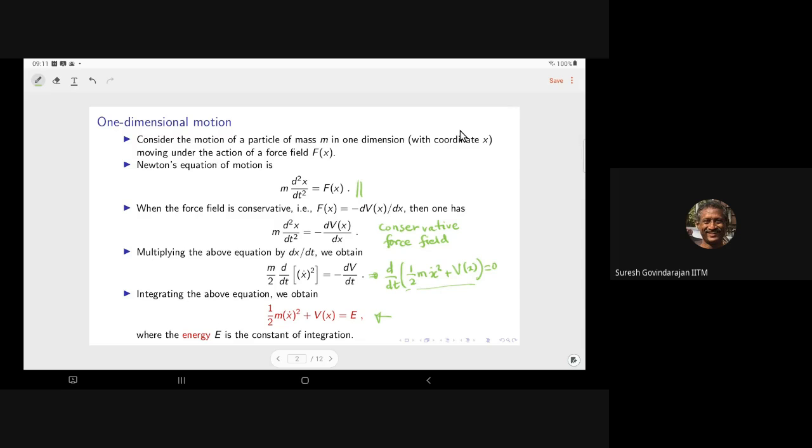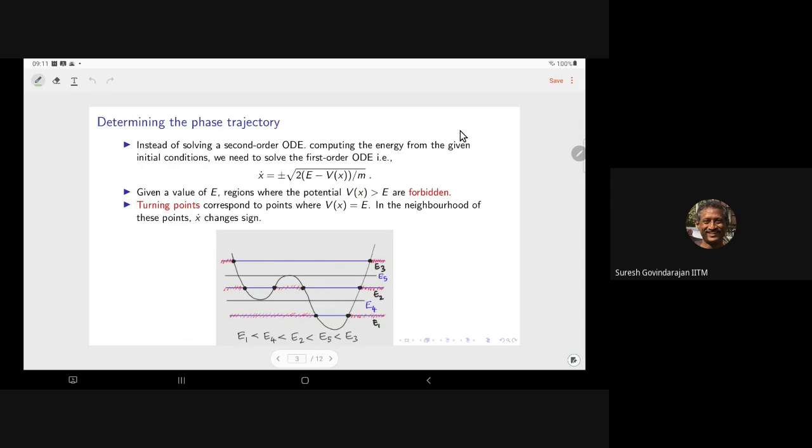So we can rewrite this by taking it to the other side: x dot squared equals something, but then there are two possibilities, plus or minus the square root of 2 times (E minus V of x) over m. This is just the same as the previous equation. But the point here is we have to give a value of E.